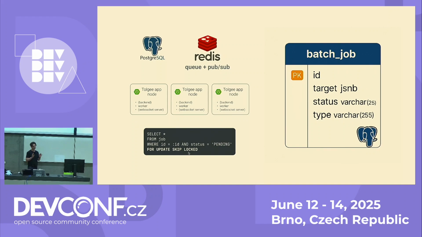So we are sure that if we are querying using SKIP LOCKED, the row is not going to be returned to another worker when some transaction is running elsewhere with the row being locked. And that's an awesome thing because we have this central point and we are sure that two workers are not managing the same job at the same time. So we are, for example, not going to charge the same user twice for some usage or something like that.